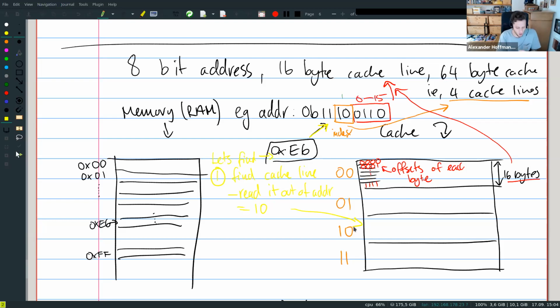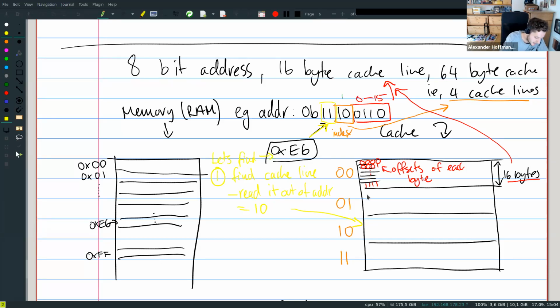Now we need to know if E6 was already loaded into cache, right? E6 has this sort of offset, but we just want to check if it is the right block in memory. So we need to know if the 1, 1 block is in memory.